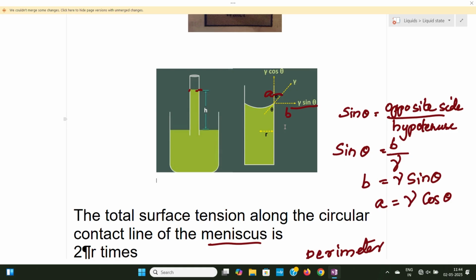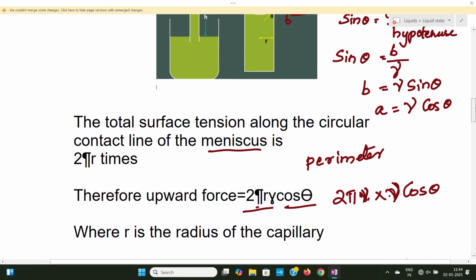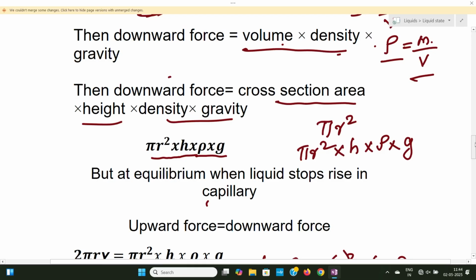From that we can calculate the mass, that is rho into V, and V is nothing but the pi r square into h, area into h. Then area into h into density into gravity is the downward force. At equilibrium, when the capillary rise stops, the downward force will be equal to the upward force.